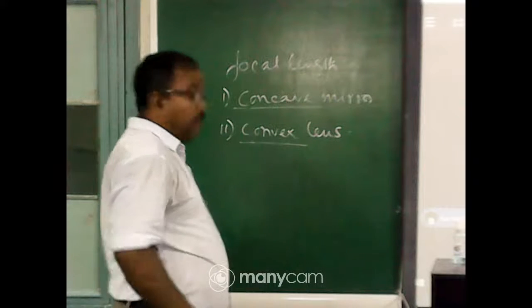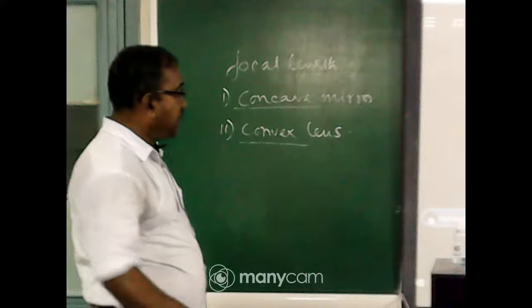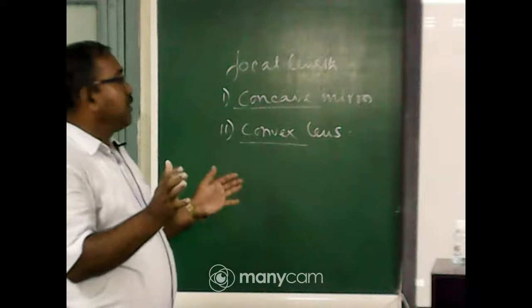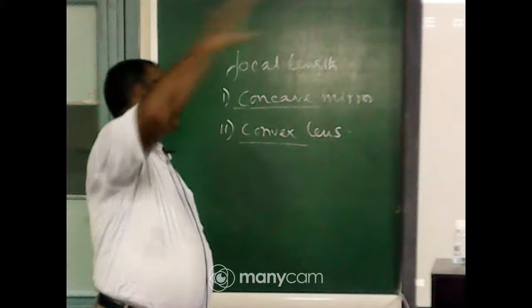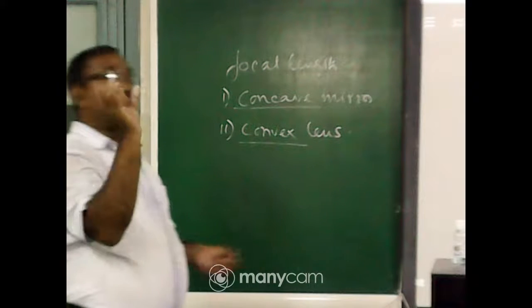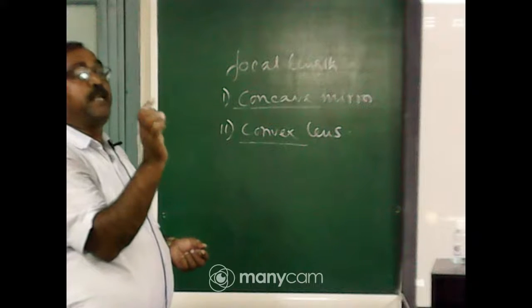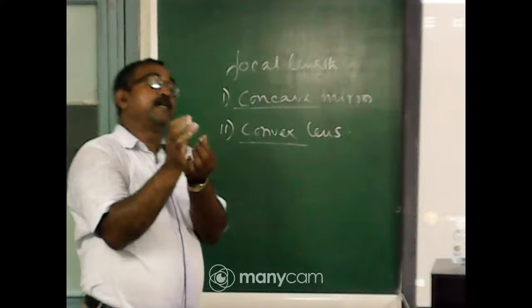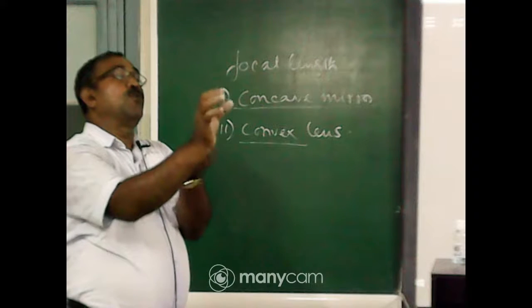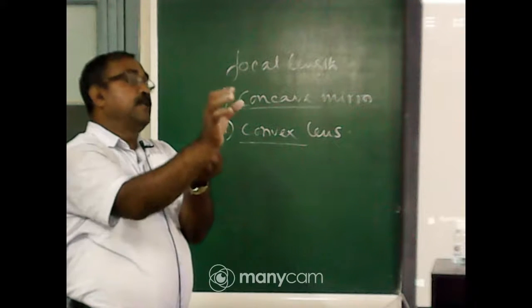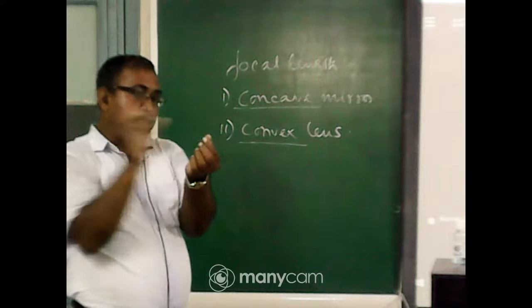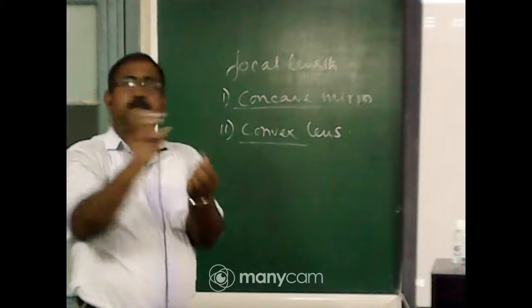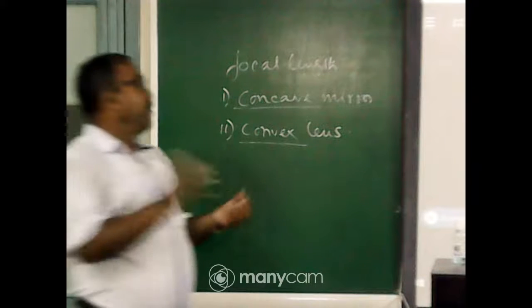Similarly, a rough focal length of the concave mirror. Suppose you are standing at a window and you open the window, you see a tree at a far distance. With the help of the concave mirror, you put the concave mirror on a scale. Okay? And a piece of paper you hold on the scale, or move the mirror on the scale, and a sharp image will form on the wall or the paper.